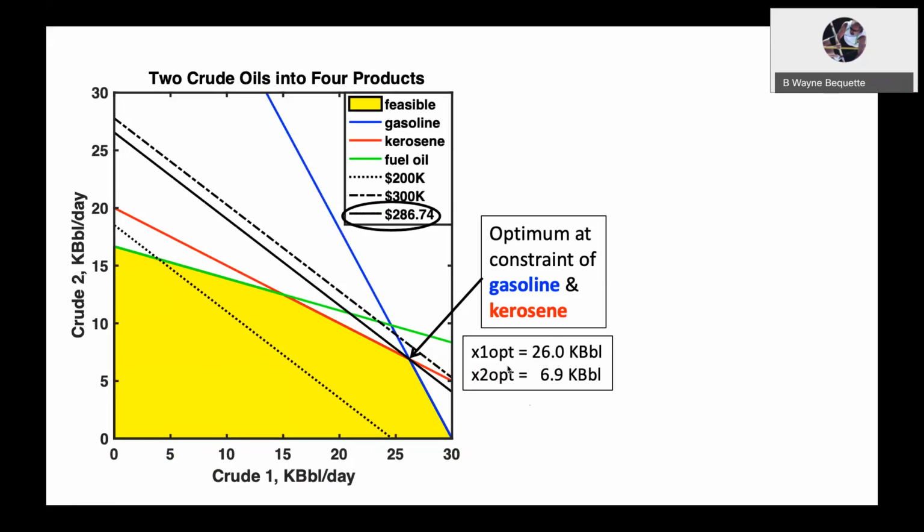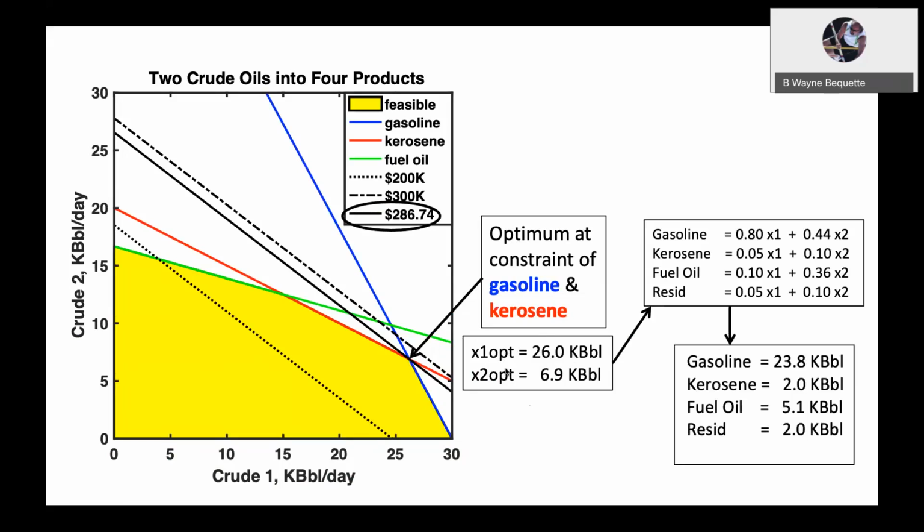That turns out to be the intersection of the gasoline and the kerosene material balance constraint curves. And this solution is at 26,000 barrels of crude oil 1 and 6.9 thousand barrels of crude oil 2. So now we know how much crude oil we need to process, and we can find the total amounts of products being produced when we go back to our material balance equations, because from that yield table, gasoline was 80% of the yield of crude 1 and 44% of the yield of crude 2.